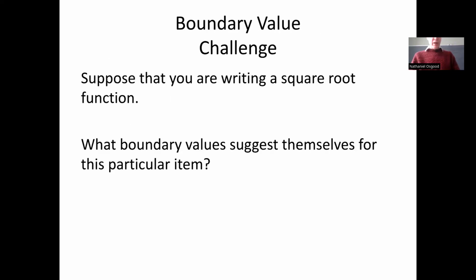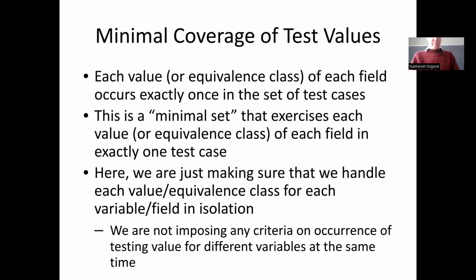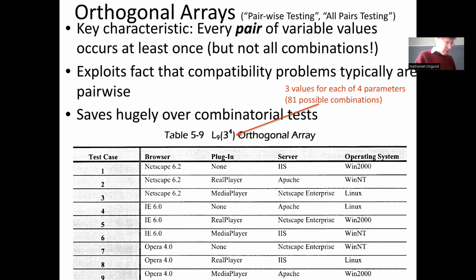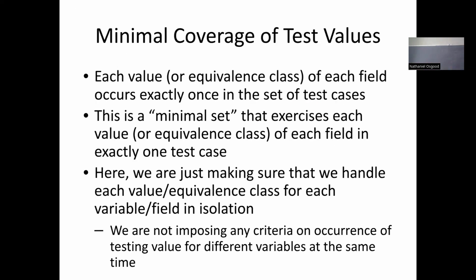The final thing I'll say here is just about combination. When we have multiple fields, first name, last name, email address, or whatever, often each of them has equivalence classes. And often you can't test all possible combinations. This was the idea of orthogonal arrays.